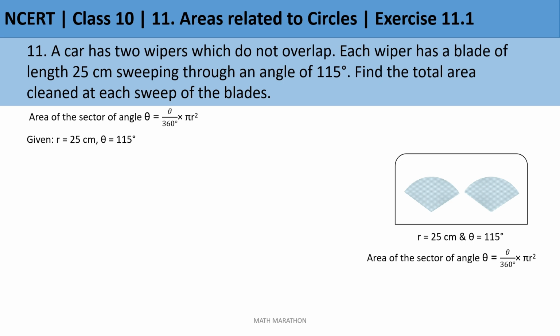Radius r is 25 centimeter and theta is 115 degree. Area of a sector is theta, which is 115, divided by 360, multiplied by pi, which is 22 by 7, multiplied by r square, which is 25 square. Please note that the area we are calculating is the area cleaned by 1 wiper. We need to calculate the area cleaned by 2 wipers.